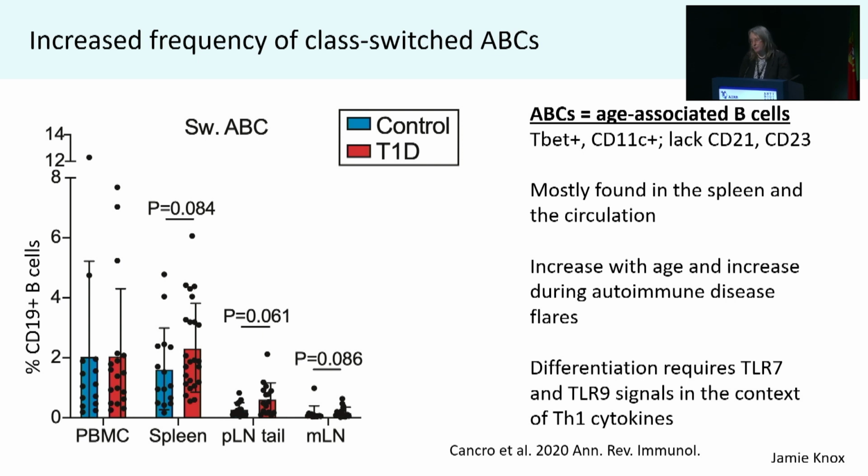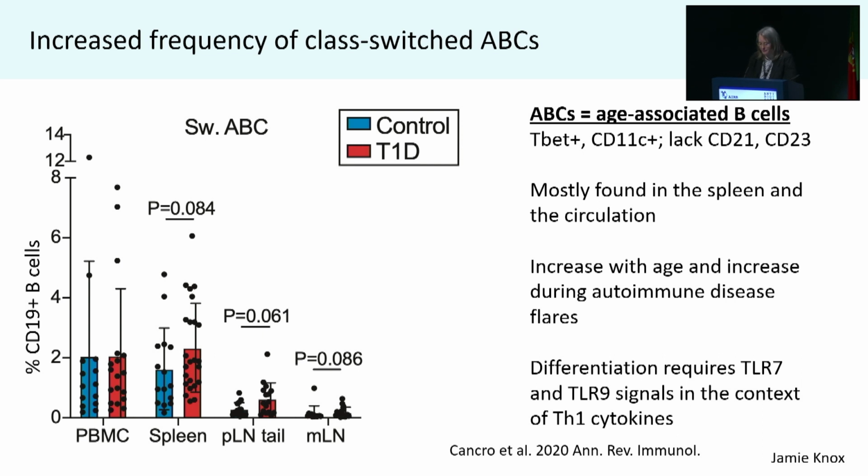It increases with age, hence the name, but it also has this interesting property that you can see increased frequencies of these cells during flares of autoimmune diseases such as lupus in the peripheral blood. These cells can differentiate from other cell populations, and that usually requires some form of innate signaling. So TLR7 and TLR9 signals in the context of Th1 cytokines can drive the differentiation of these cells, and they're a very fascinating sort of autoimmune-linked B cell subset.